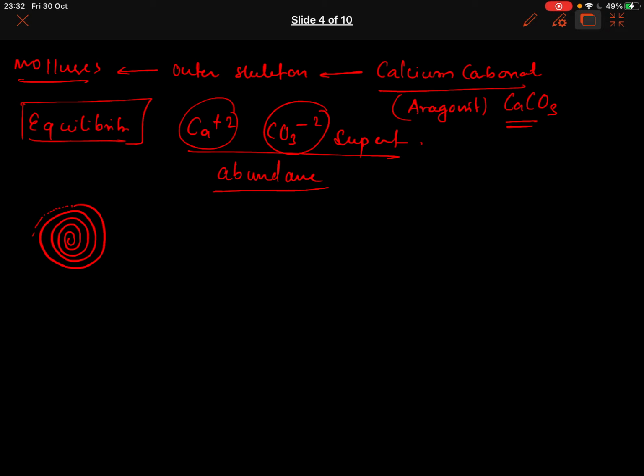So what they do is, this whole is made up of CaCO3, and to make this CaCO3, they absorb calcium ion from the ocean water, simultaneously carbonate ion from the ocean water, right? Now as it absorbs both of these, it creates calcium carbonate and extends their skeleton.